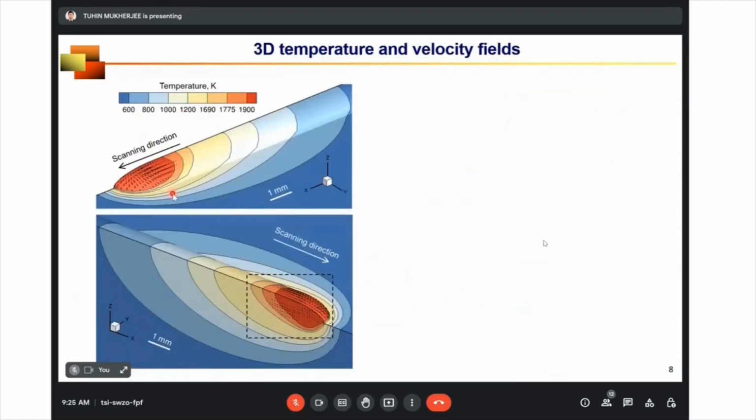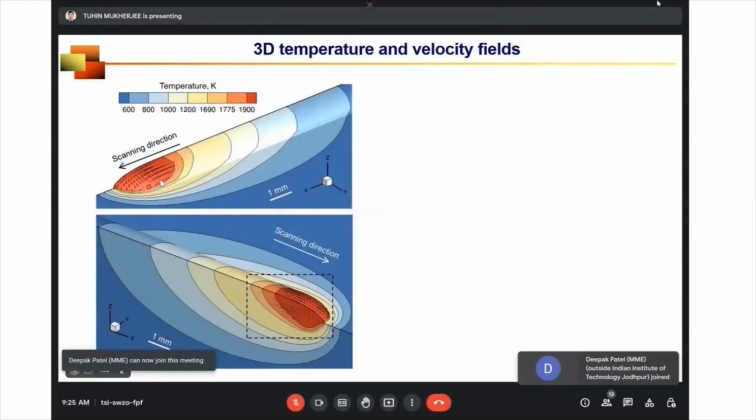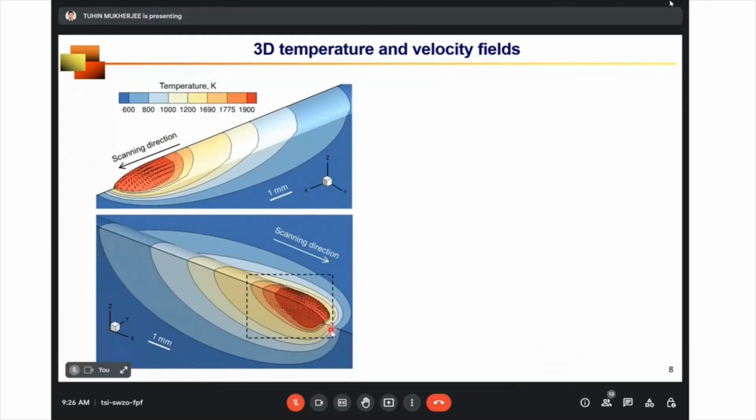Let's say you are simulating directed energy deposition, and this is the deposit, and I am taking here half of a deposit for symmetry. This is the temperature field, which is compressed in front of the molten region and elongated opposite to the scanning direction. You can see that because of the accumulation of powder particles, it forms a curved deposit.